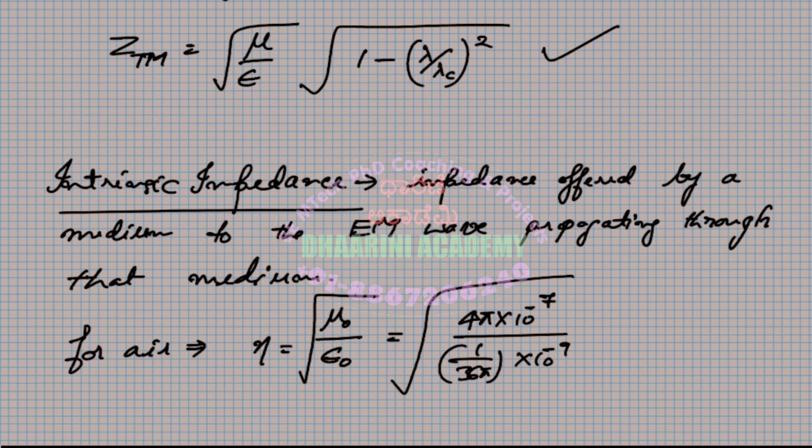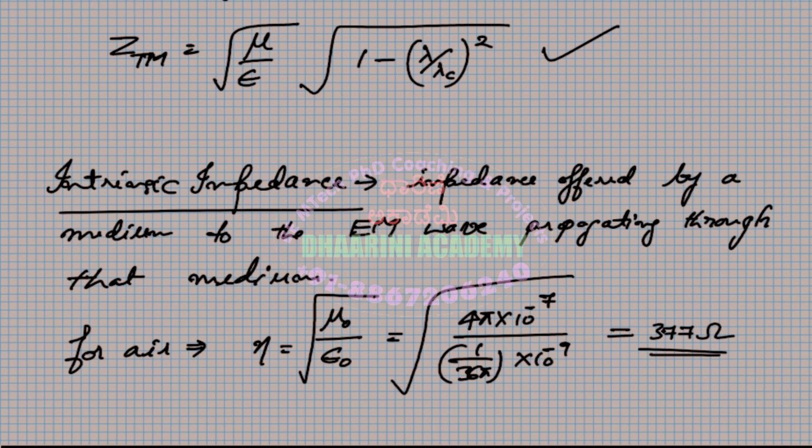This is one of the values of epsilon. No, I think epsilon naught is 8.854 into 10 to the minus 12, right? You can use that. Anything you use, please calculate this value and get me the answer. So when we simplify this, we get an answer of approximately 377 ohms.